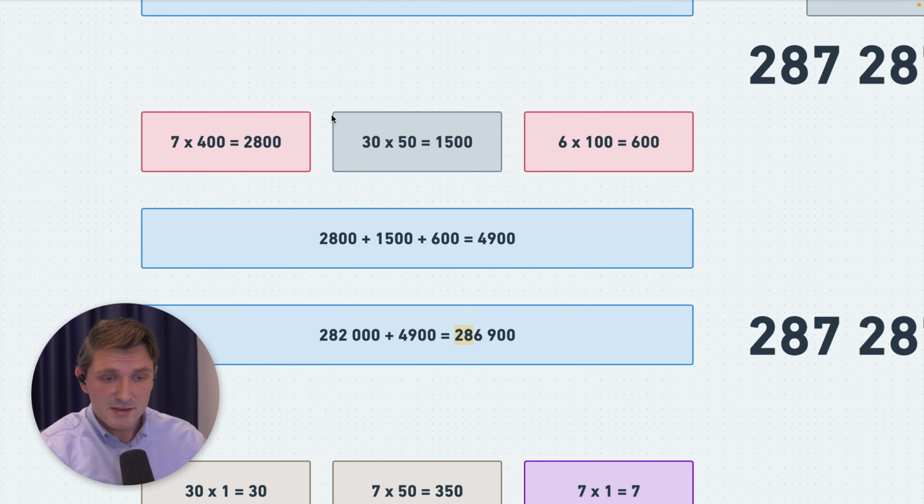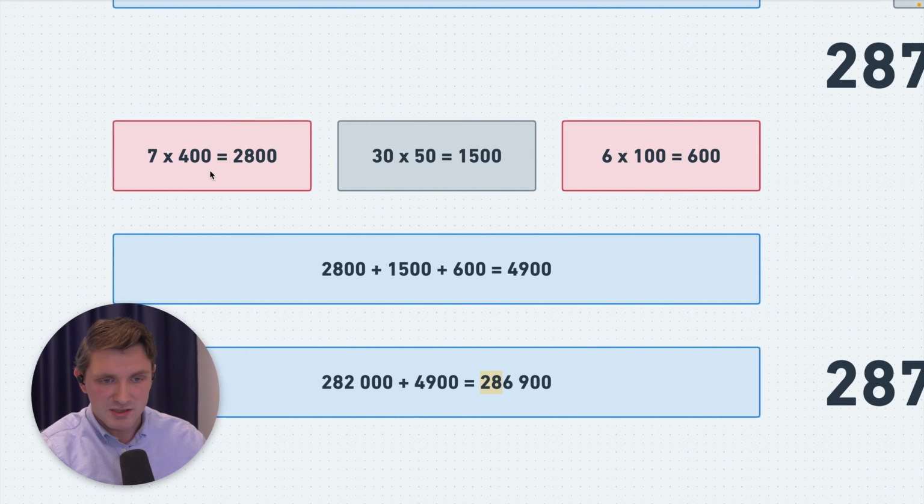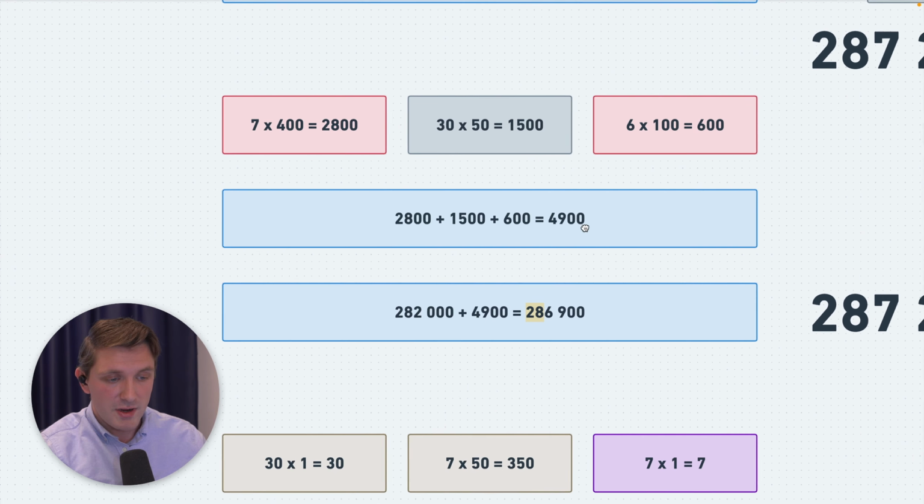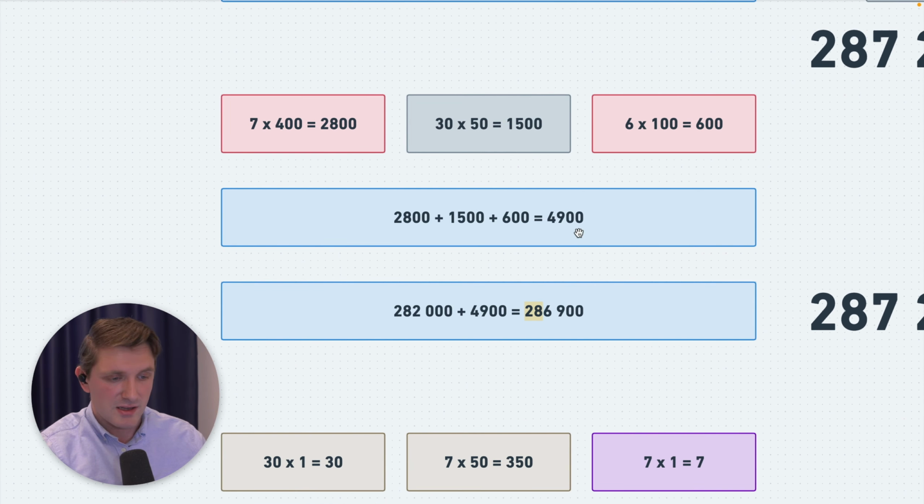So with that, we do the next batch of calculations. We do 7 times 400, which is 2,800. We do 30 times 50, which is 1,500, and 6 times 10, which is 600. And if we add all those things together, we will have the answer of 4,900.